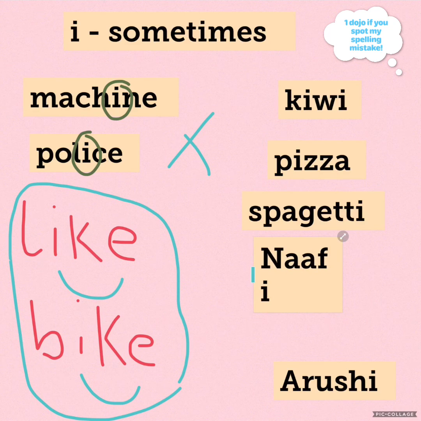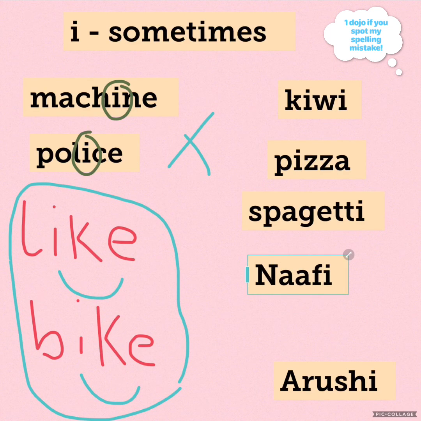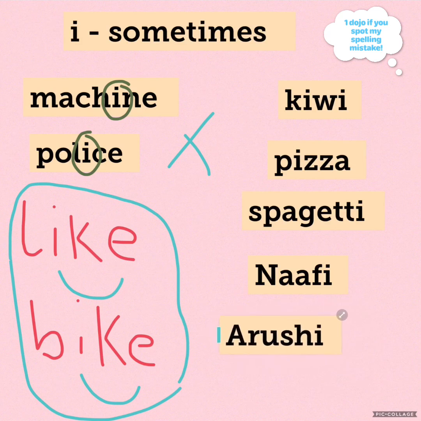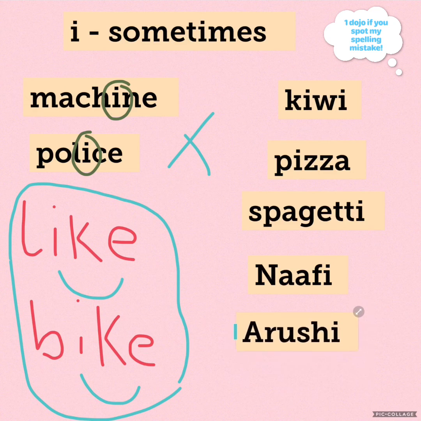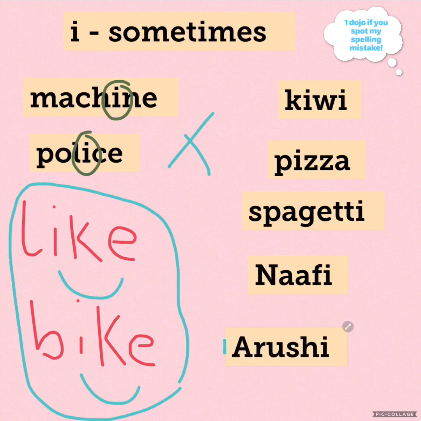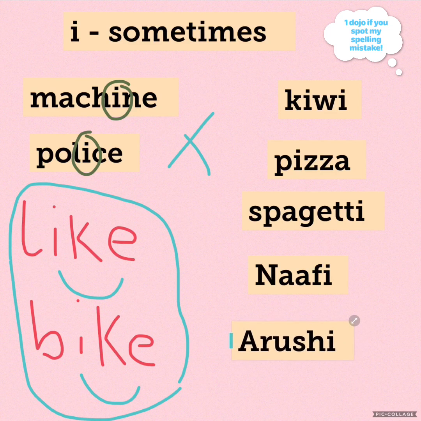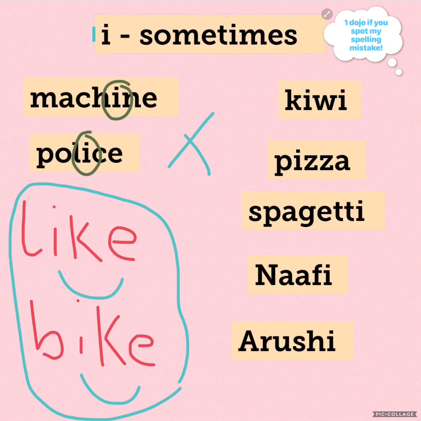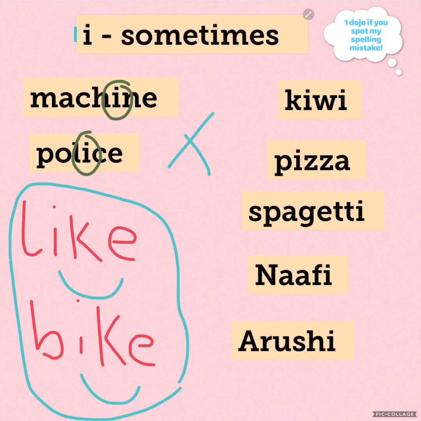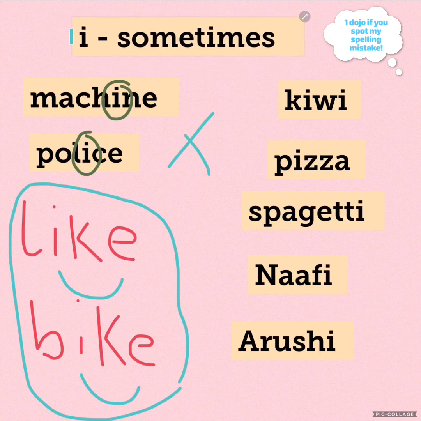Notice how the I in Nafi has that long E sound. And finally, a lot of boys and girls' names have I to represent a long E sound. For example, in year 1 we have Arushi, and the I represents that long E sound. So it's not very common, but sometimes I can have that long E sound.